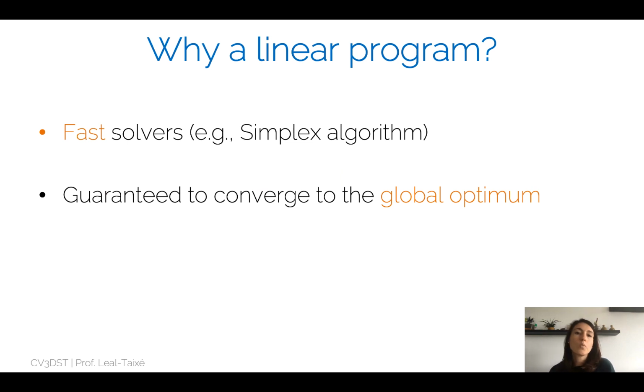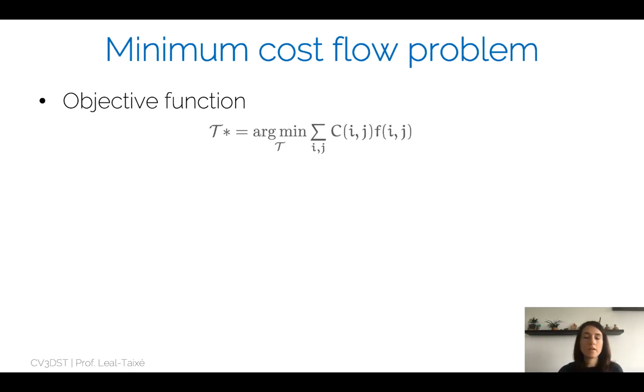So we want to use a linear program because there are a lot of fast solvers, for example, the simplex algorithm, that are able to find trajectories in, let's say, 100 frames in a matter of seconds. So aside from being really fast solvers, they're also guaranteed to converge to the global optimum, which means that we're going to get the absolute best solution for the graph and for the cost that we have actually defined.